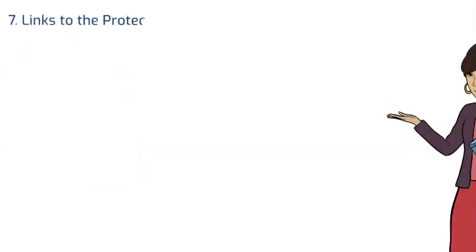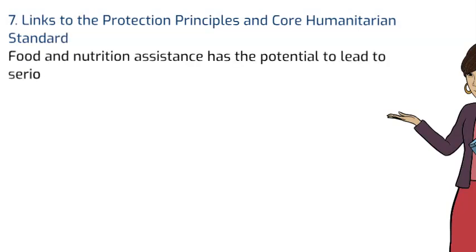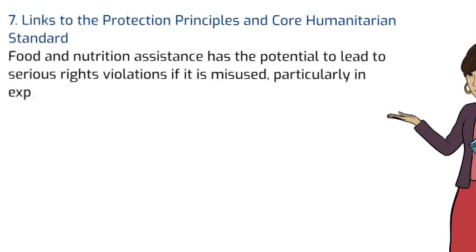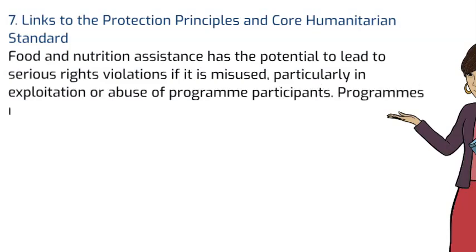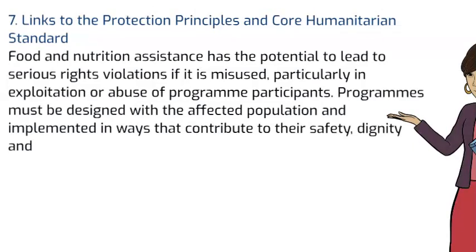7. Links to the protection principles and Core Humanitarian Standard. Food and nutrition assistance has the potential to lead to serious rights violations if it is misused, particularly in exploitation or abuse of program participants. Programs must be designed with the affected population and implemented in ways that contribute to their safety, dignity, and integrity.